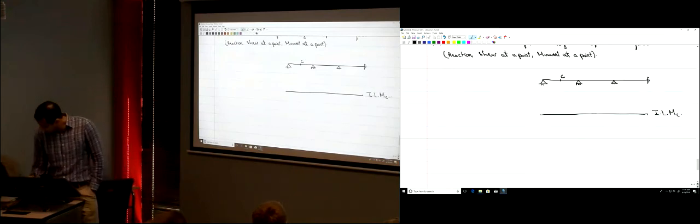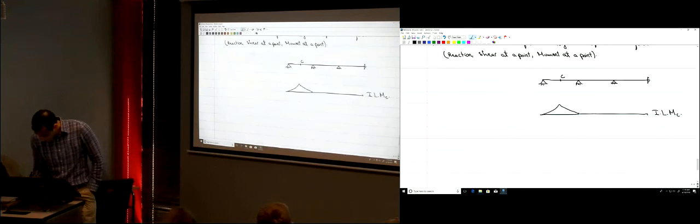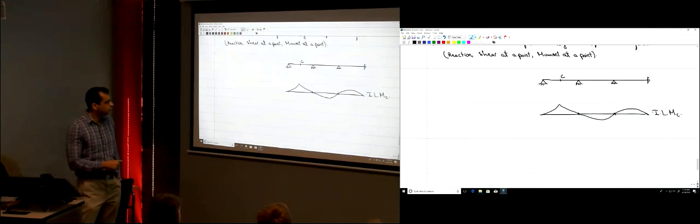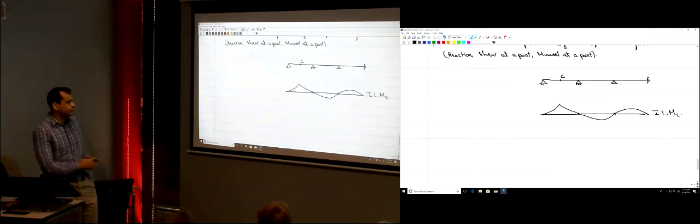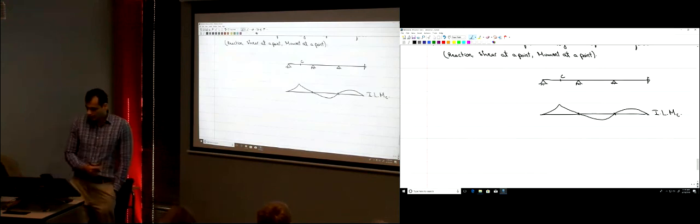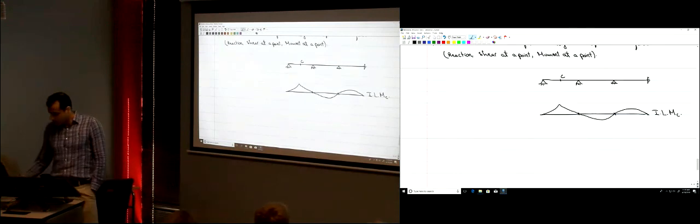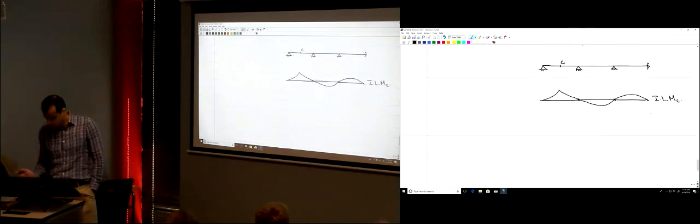That would look something like this. It will look exactly like this. So that's the influence line of MC. This is how it looks like.